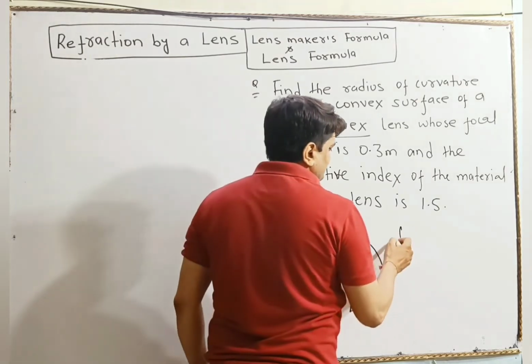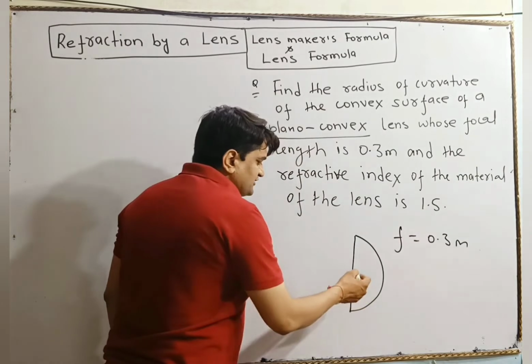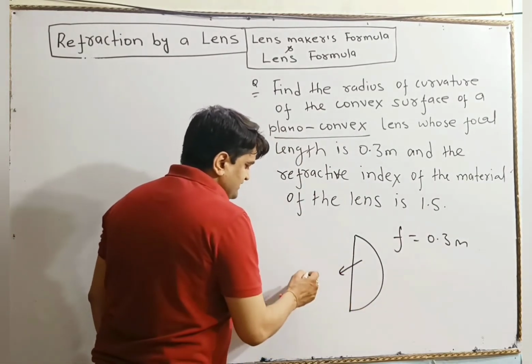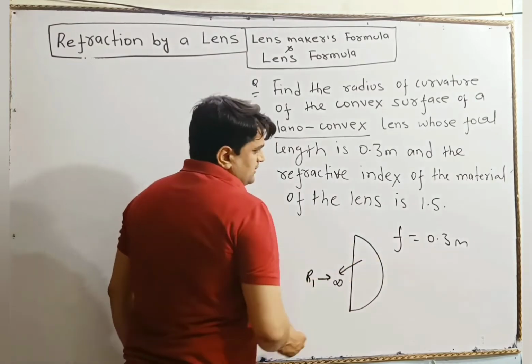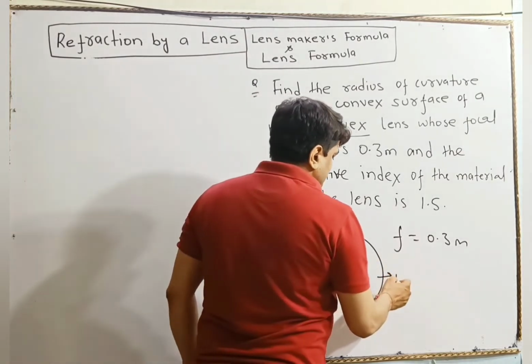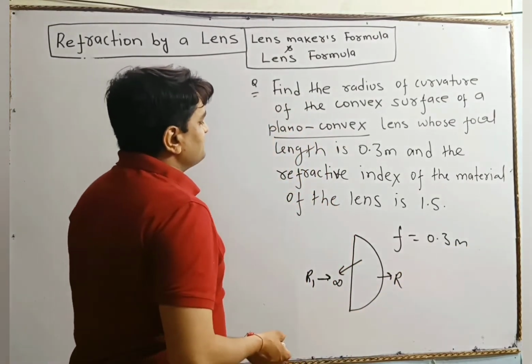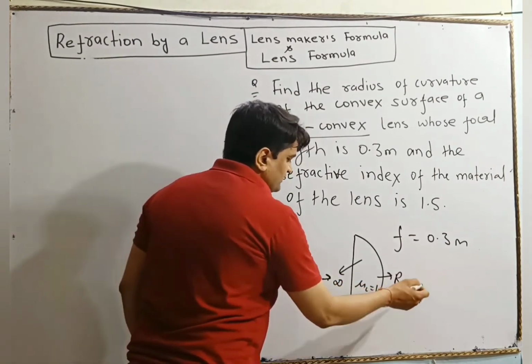That means f is given 0.3 meter. And as we know that the plane surface have radius of curvature infinite. Okay, and let it be r. It is unknown. Okay, and material of the lens is, that means mu l is 1.5.